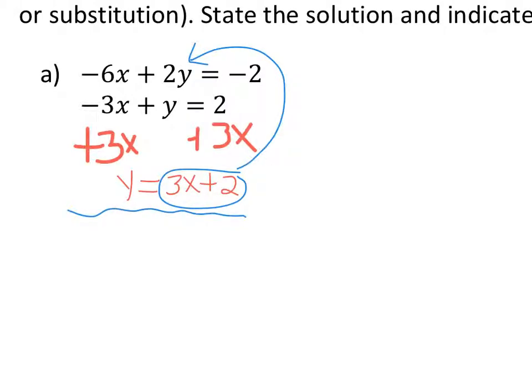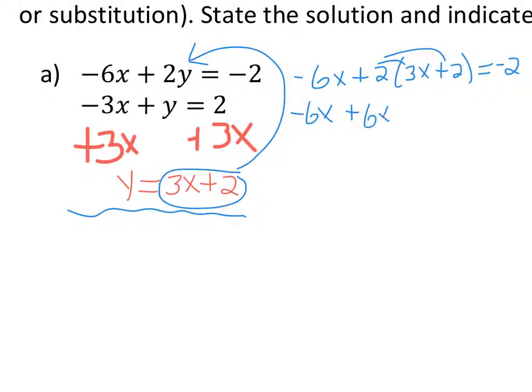Actually, I'll do it on the side here. We have -6x plus 2 times 3x plus 2 equals -2. Distribute the 2, -6x plus 6x plus 4 equals -2. Combine like terms. -6x plus 6x is 0, so those cancel.